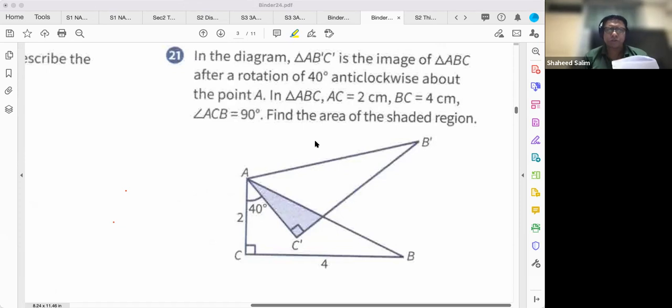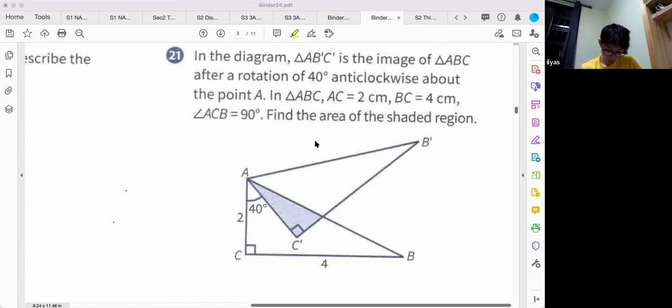Do you have a strategy to solve this? I think I can manage it. Okay, good.